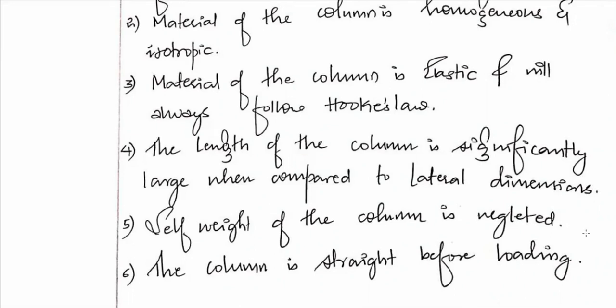And at last, the column is straight before loading. Before I apply the load, the column I have considered is entirely straight. So there are almost 6 assumptions which you need to remember as well as understand, because you cannot learn everything by heart. So try to understand the concepts and then reproduce them in your examinations.